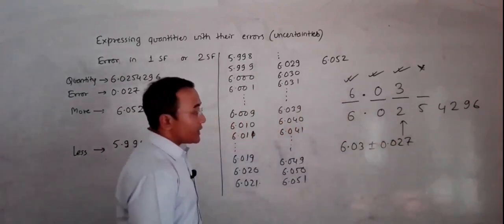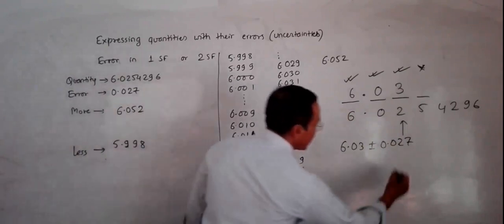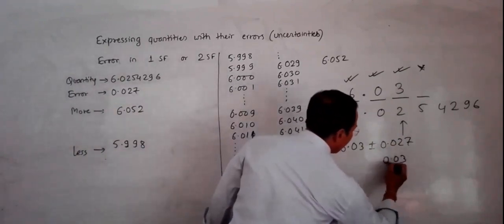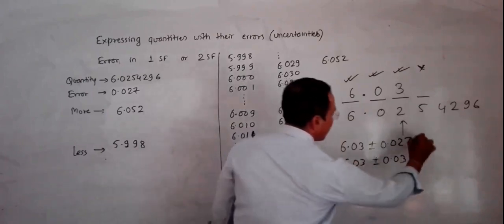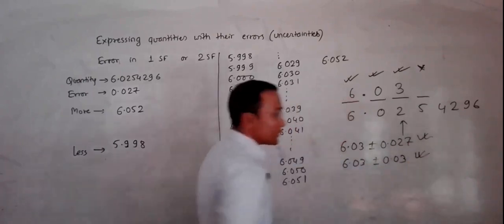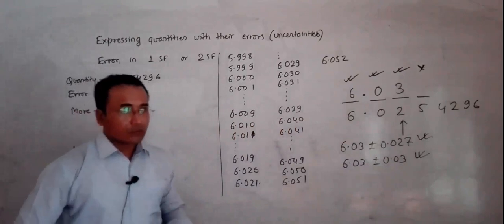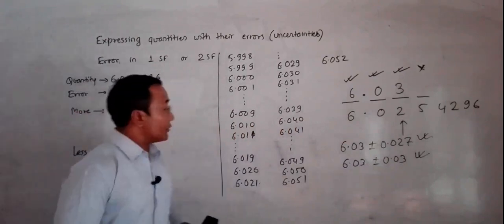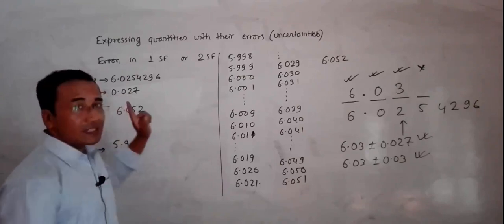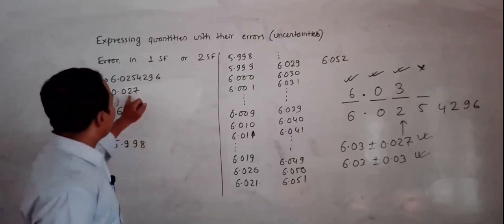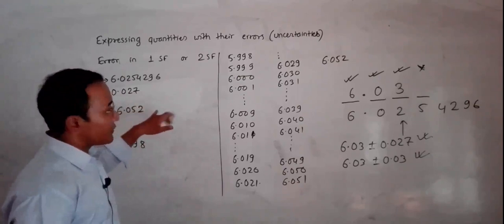Now if I express the error in only one SF, this will be 0.03 and this will be again 6.03. So either this or this and no other quantities. So this is how we express. So we have used two errors. In one, the error started from the first digit after decimal, and here the error started from the second digit after decimal.